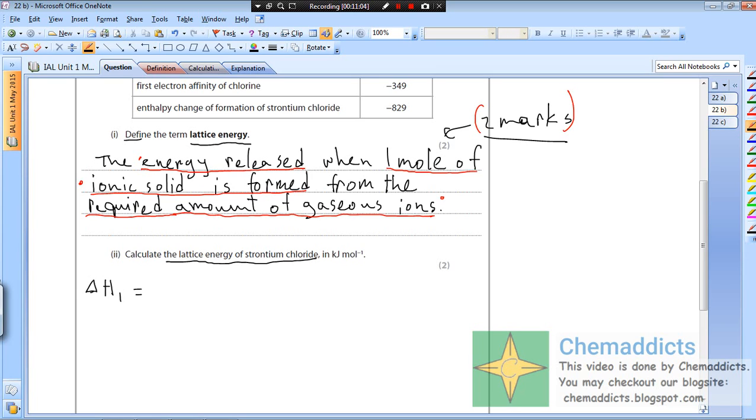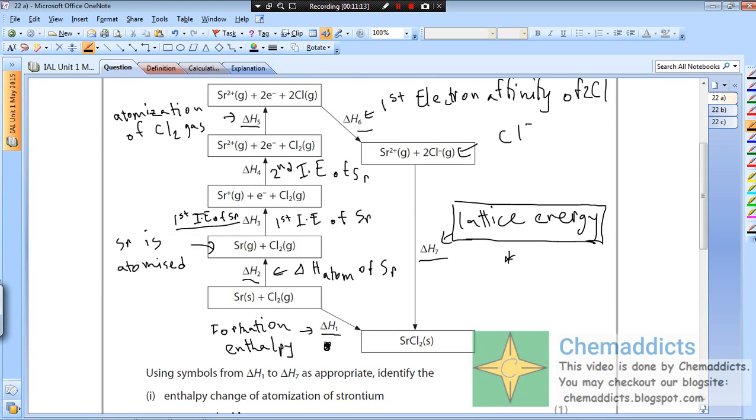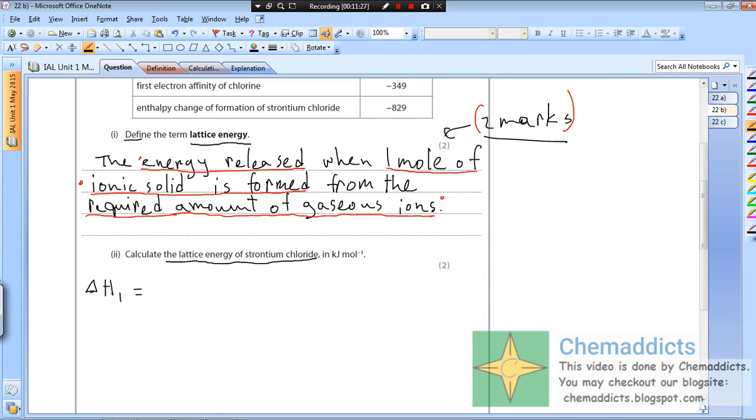Since formation enthalpy is in one direction and the other things are in another direction, we will keep the formation enthalpy on the left hand side and all these things on the right hand side. That's how we're going to solve.